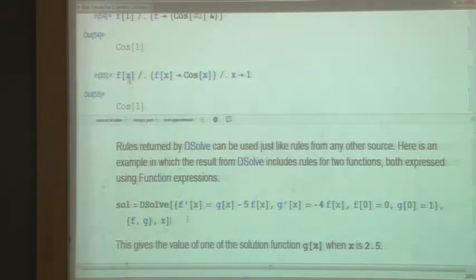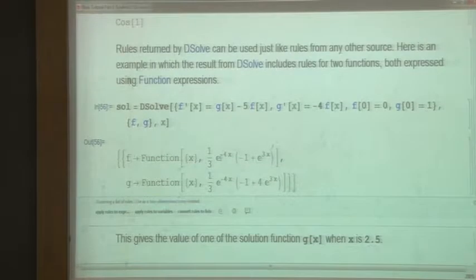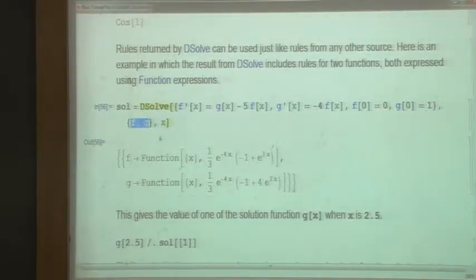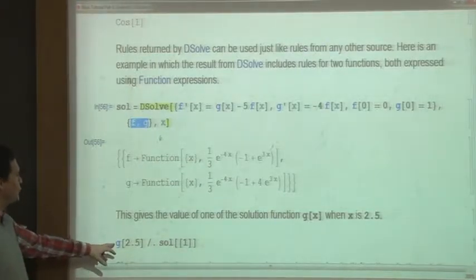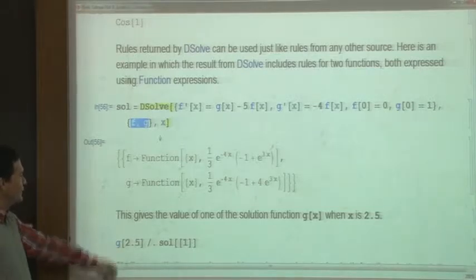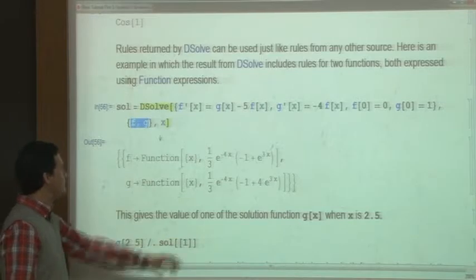So, again, another example where we are getting rules. Why? Because we are using not f of x and g of x, but we are using f and g. The beauty of this is, one more time, if you are trying to get the value, we directly replace by the solution.